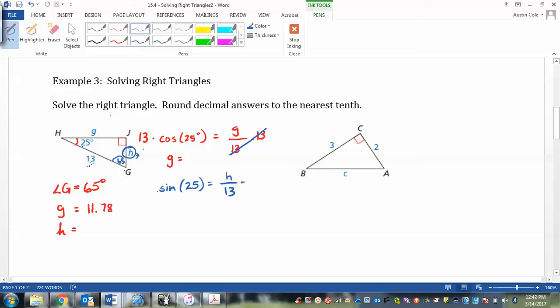Now I'm going to multiply both sides by 13. Those cancel, and h equals 5.49.